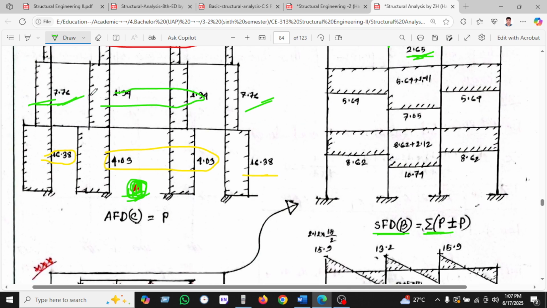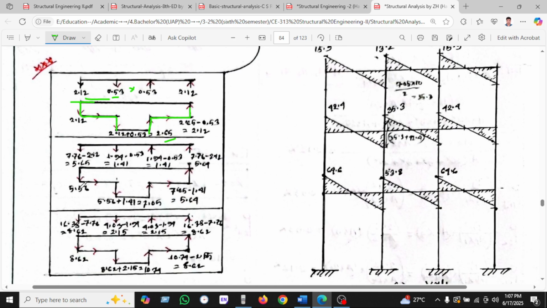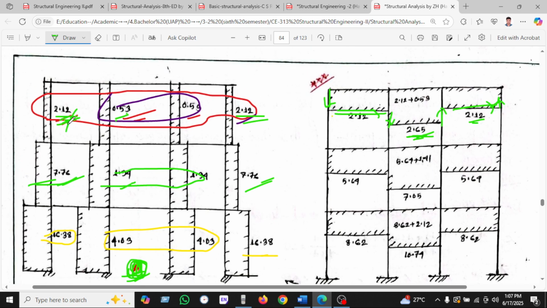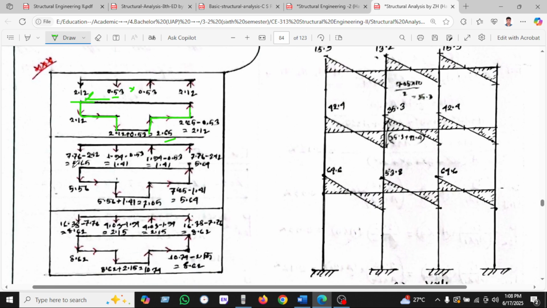We can see 7.76 and 1.94 go downward. As we have seen, 7.76 will deduct 2.12 as the upper axial load, and we found 5.63.